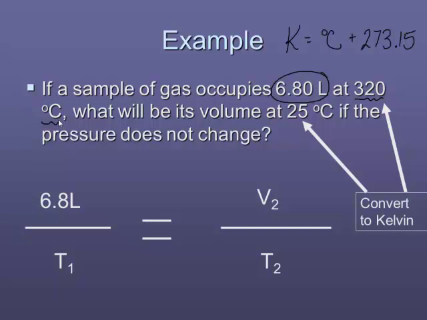Don't forget to convert that to Kelvin. After you convert this temperature to Kelvin, this belongs with your V1, which is right here. Okay, this is V1, this is T1, so these belong together. Now on the other side, we're being asked what will be its new volume, and this temperature right here you're going to have to convert to Kelvin, and this temperature you're going to stick on the denominator on this side. So take a minute, grab your calculator, and solve this problem.